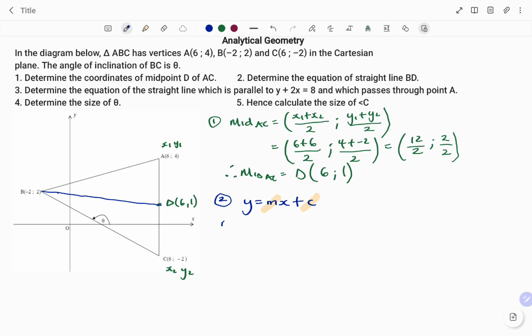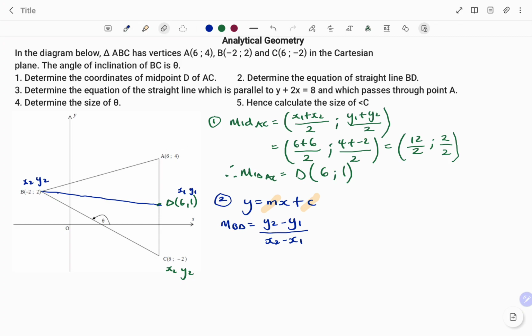Starting with the gradient, I have m_BD equals my change in y divided by my change in x. I have that as x1, y1, x2, y2.